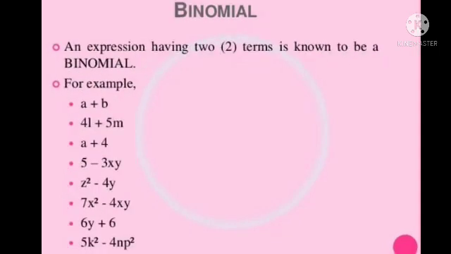An expression having two terms is known to be a binomial. For example, a plus b, 41 plus 5m, a plus 4, 5 minus 3xy, z square minus 4y, 7x square minus 4xy, 6y plus 6, 5k square minus 4np square.